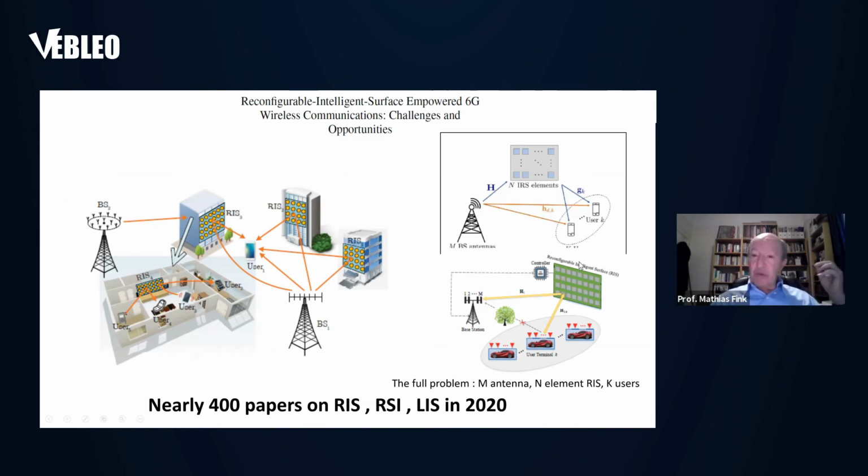And now, the idea that people have, and this is quite interesting, is that instead of using a base station with many antennas that sends a lot of energy and consumes a lot of energy, if you have some building, for example, where you have some reconfigurable intelligent surface, you can maximize the spatial diversity to focus better and to have a better ratio between the energy you send from your base station and the information rate you obtain here.